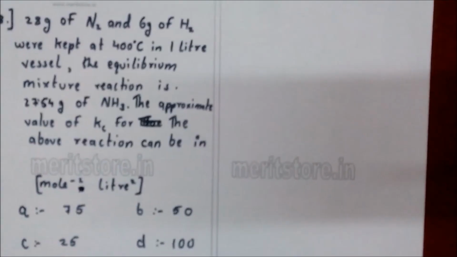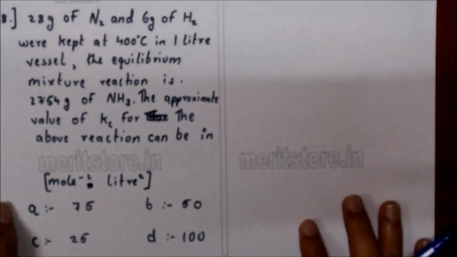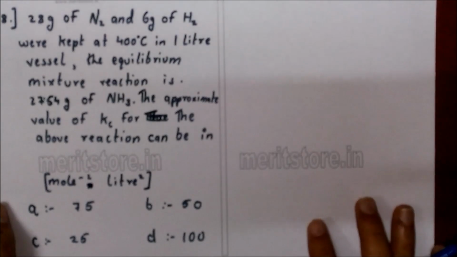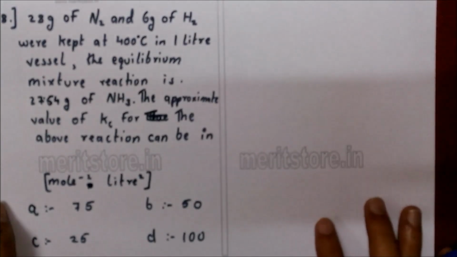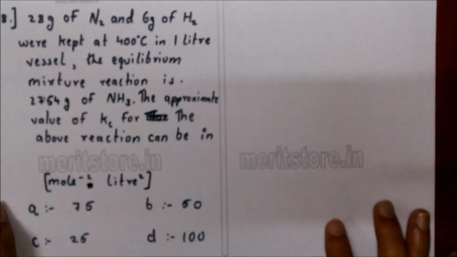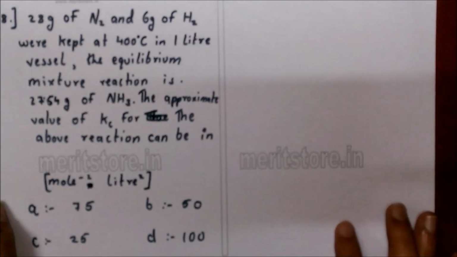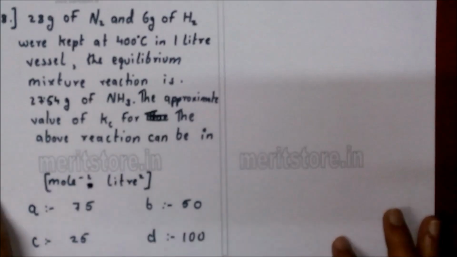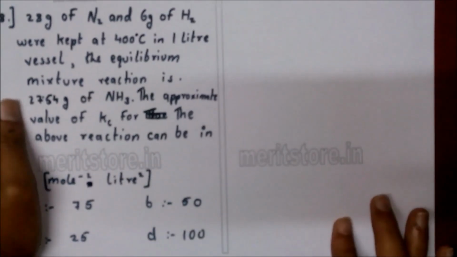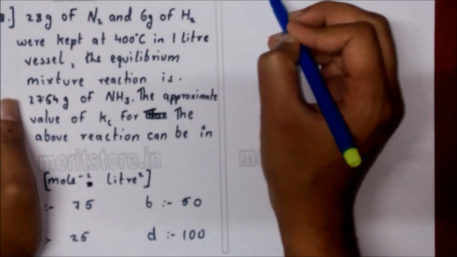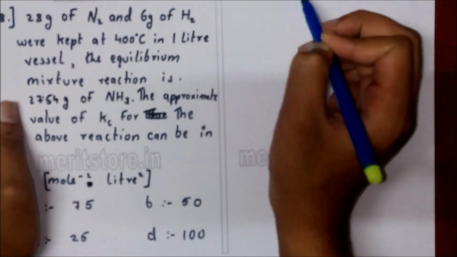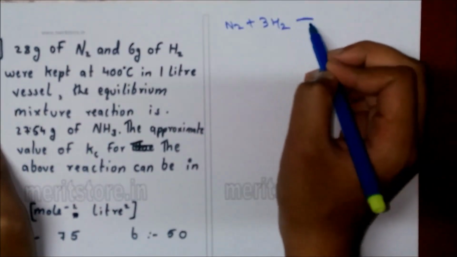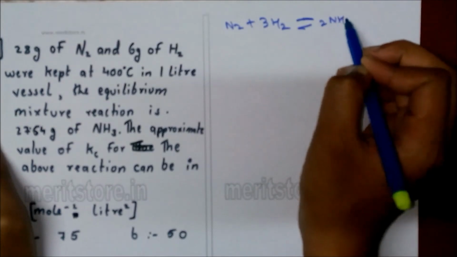Option B. 28 gram of N2 and 6 gram of H2 were kept at 400 degrees Celsius in 1 liter vessel. The equilibrium mixture is 27.54 gram of ammonia. The approximate value of Kc for the above reaction can be? So the given reaction will be N2 plus 3H2 will give 2NH3.